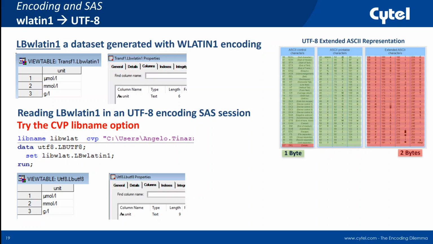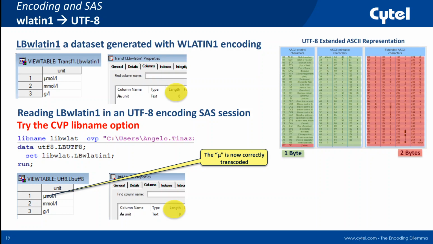Well, first of all, the micro symbol is now correctly transcoded and interpreted in the newly created dataset. But to make this possible, SAS with the CVP option had to increase the length of the unit variable from 6 to 9 bytes, to correctly represent the micro symbol in the new UTF-8 encoding.